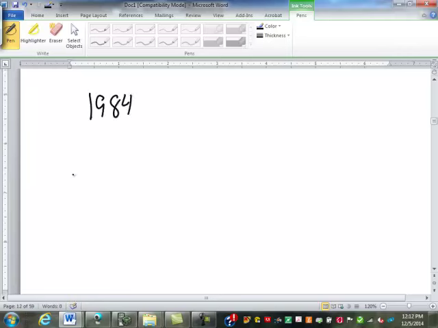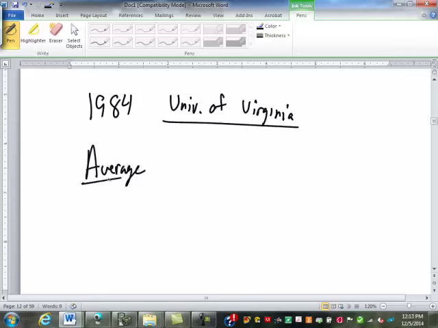1984. University of Virginia published that the average starting salary for a graduate from their 4-year marketing program was right around $78,000 a year.